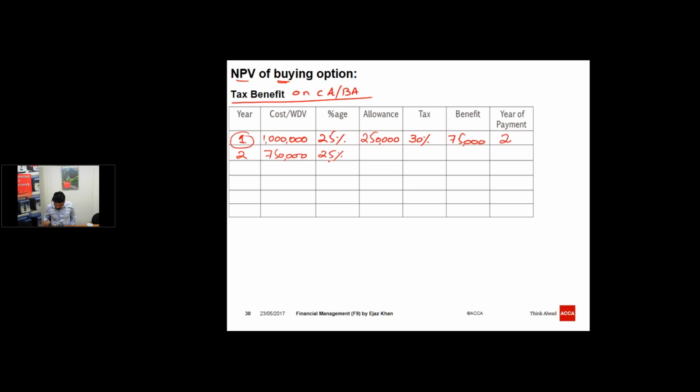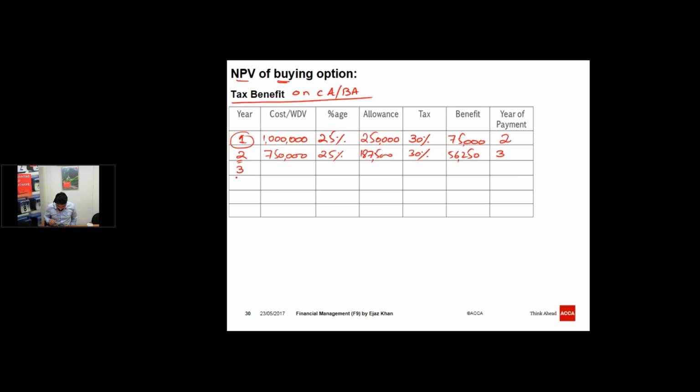Can anybody calculate this for me? What will be 25% of 750,000? Yes, 187,500. Okay. And what is 30% of 187,500? 56,250. Since it belongs to year 2 and because of arrears, we will write it in year 3 here.